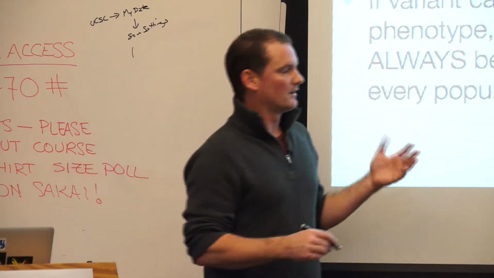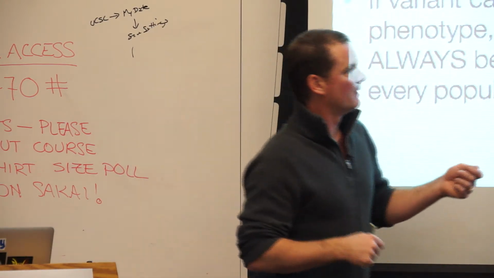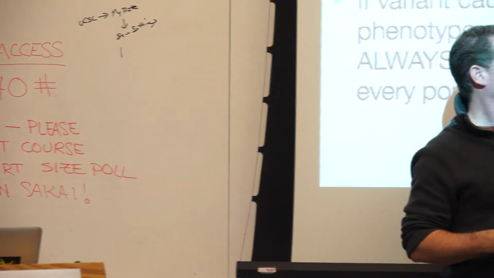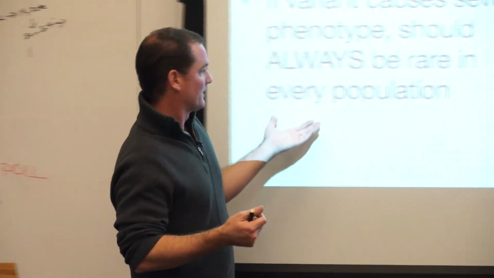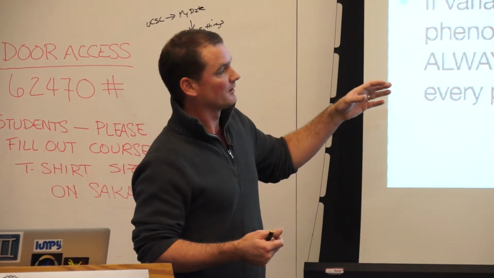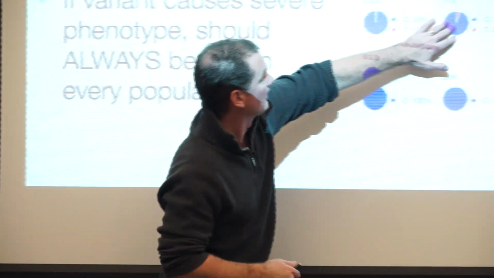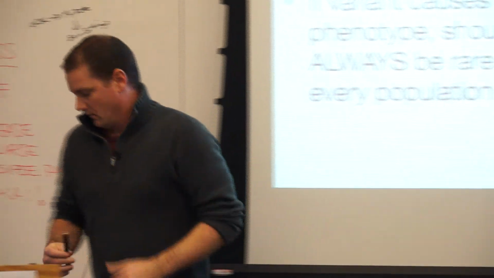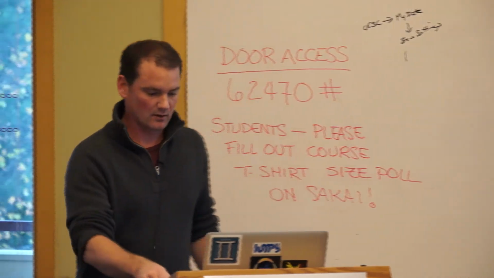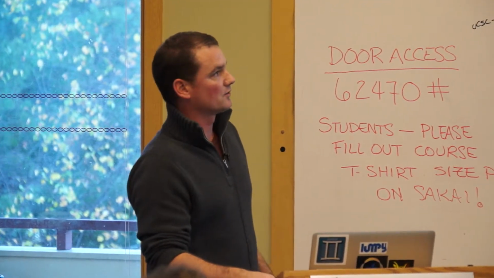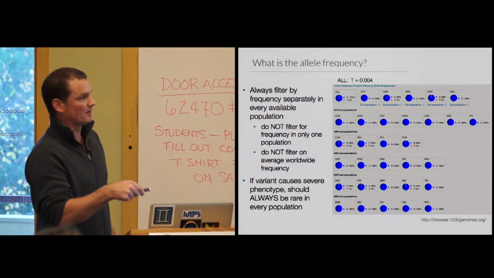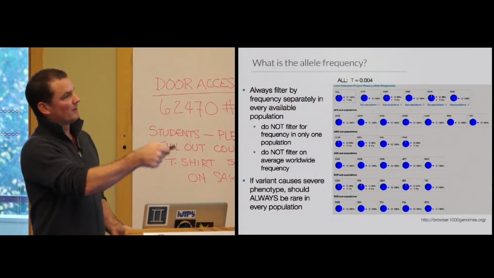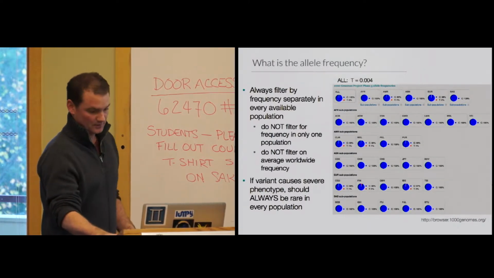Otherwise, unless there's some very extreme modifier, for instance, at another locus in Finnish genomes, then if this variant actually has something to do with the phenotype, it really should be rare in the Finnish population and every other population. So the correct strategy, I argue, is that you shouldn't filter on the average allele frequency across all populations. You should require that it's rare in every single population that you have access to.